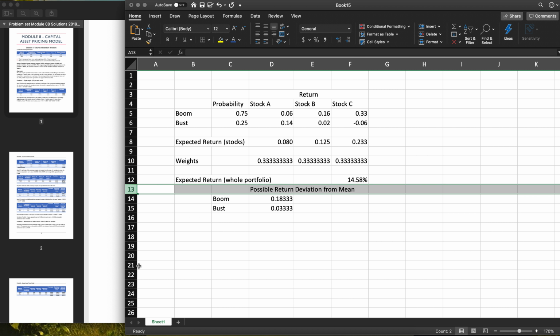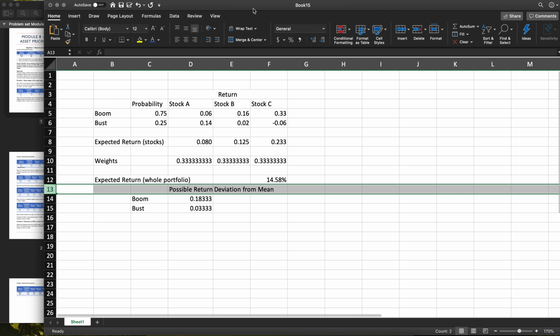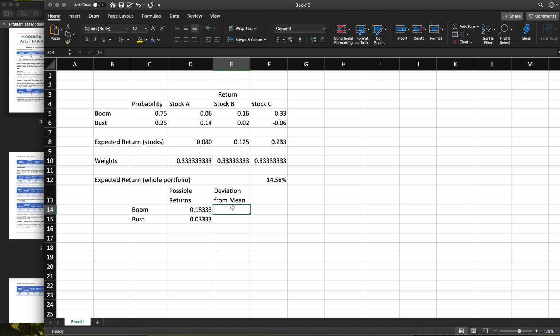I'll go ahead and just wrap these. I'm going to make these numbers too. There we go. So this shows us, for each of these scenarios, what the deviation from the mean is, and then we're going to square it right here. I'll type it over here.